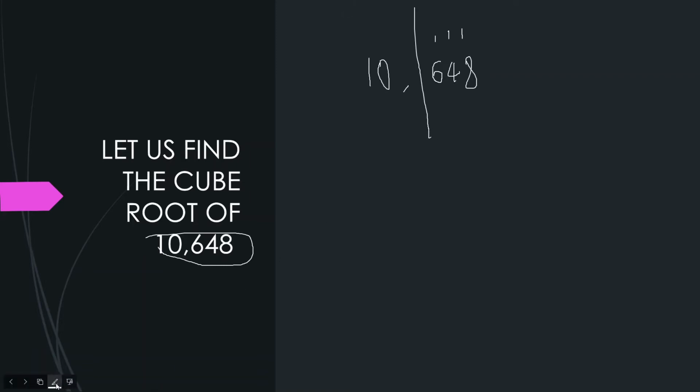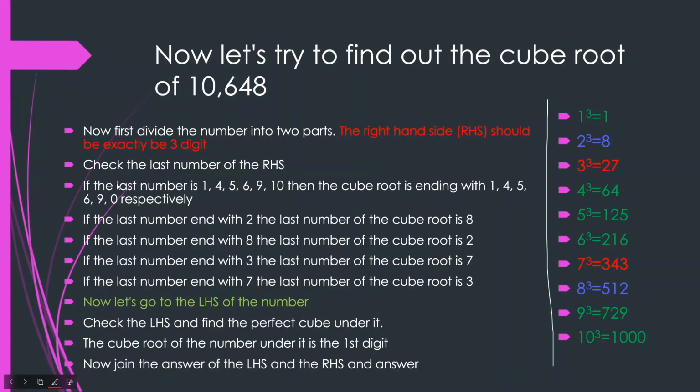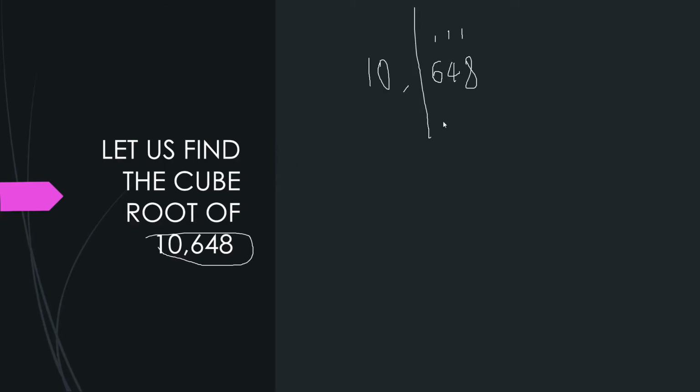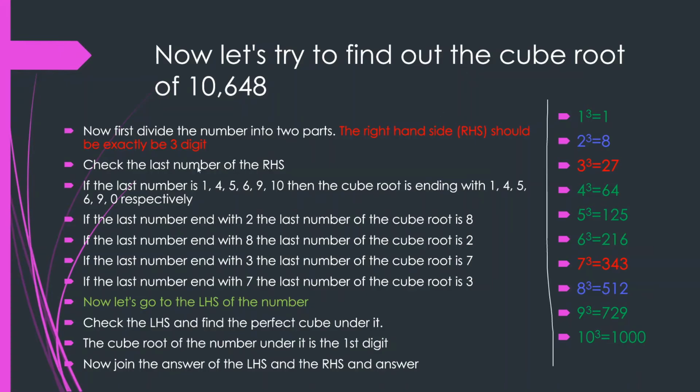Now I'll change the color to red and see the next step. Check the last number of the RHS. The last number of the RHS is 8. If the last number is 1, 4, 5, 6, 9 or 0, then the cube root ends with 1, 4, 5, 6, 9 or 0 respectively.